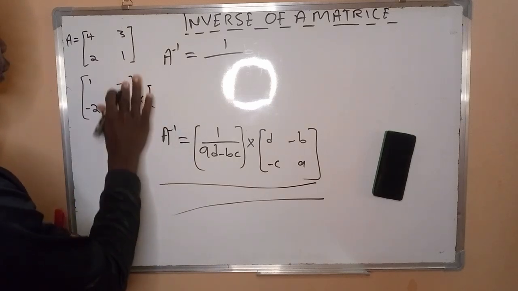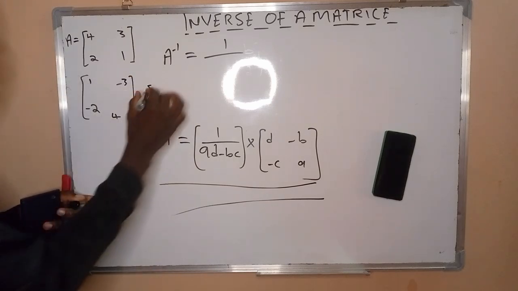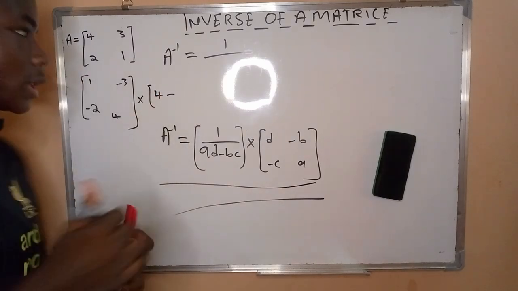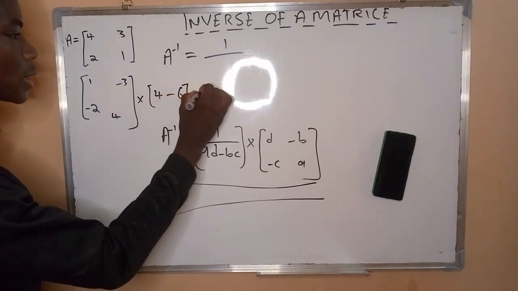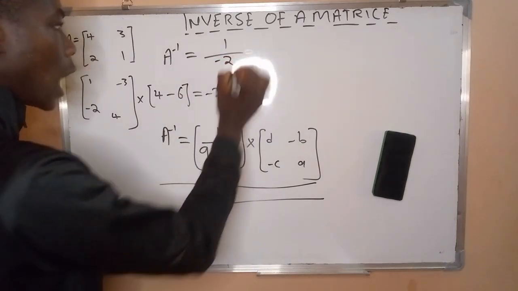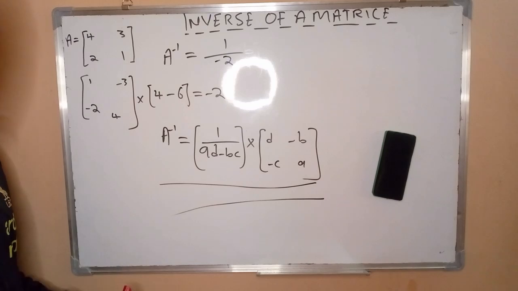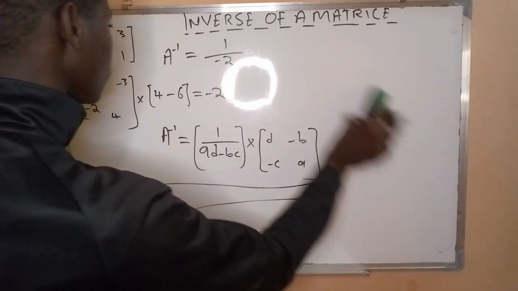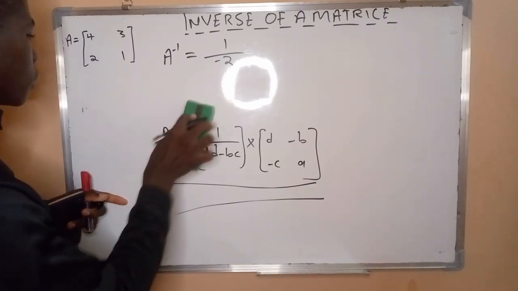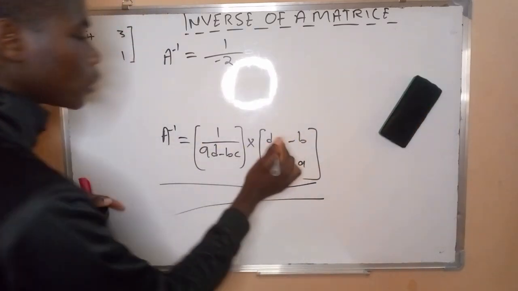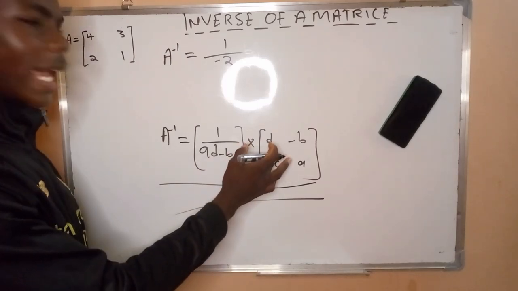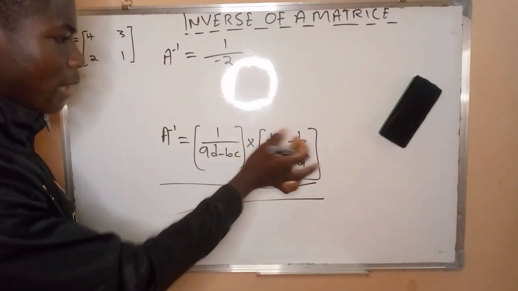So I have to find the determinant of this matrix. 1 times 4, which is 4, minus 2 multiplied by minus 3, which gives 4 minus 6, which is equal to minus 2. So I'm having minus 2. I hope you get it. If you take a look at this matrix, where did I get this d and a and minus c and minus b?